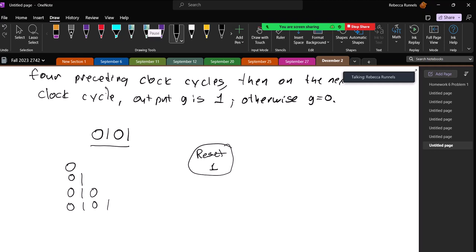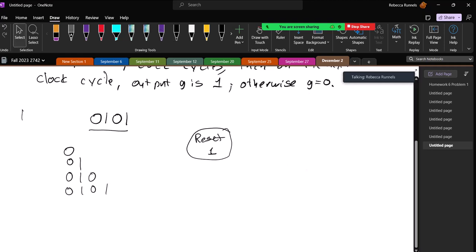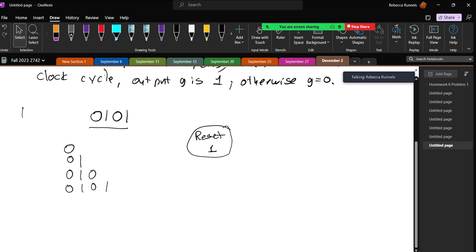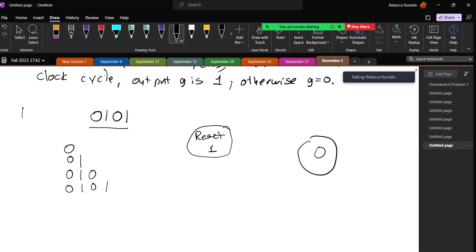And if all I have is a 1, that does not fall into any of these categories, so that doesn't help me at all. So that's one state. Another state is if I just have a 0. I'm headed towards my goal, but I'm not there yet. Both of these would have an output of G equals 0.